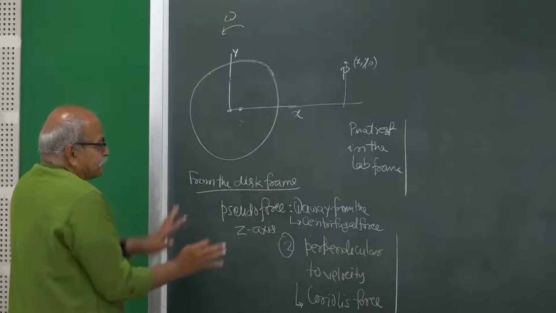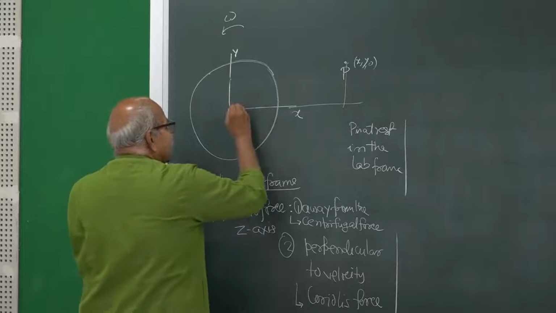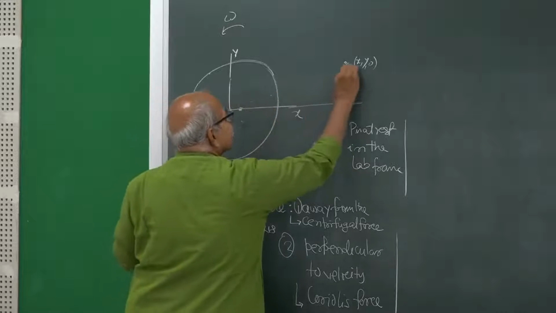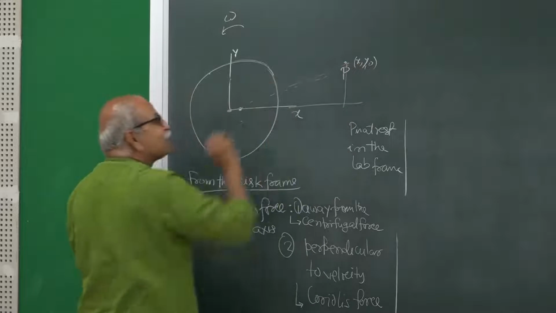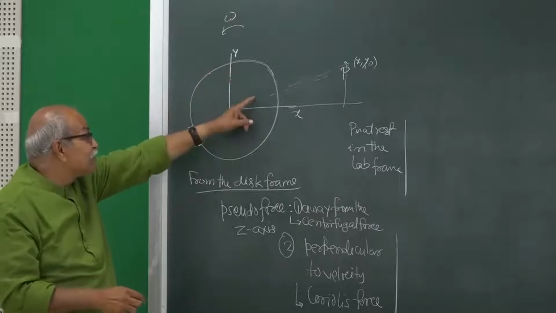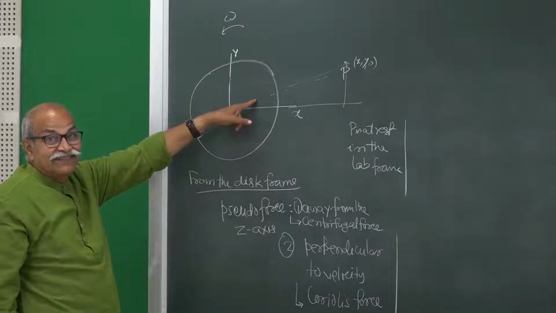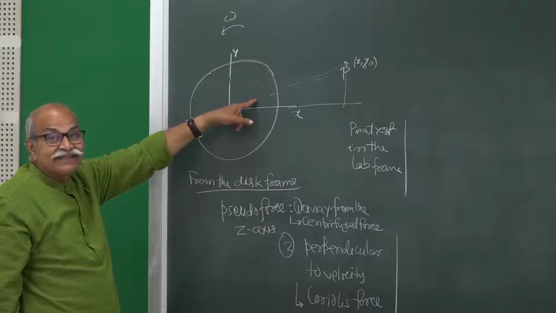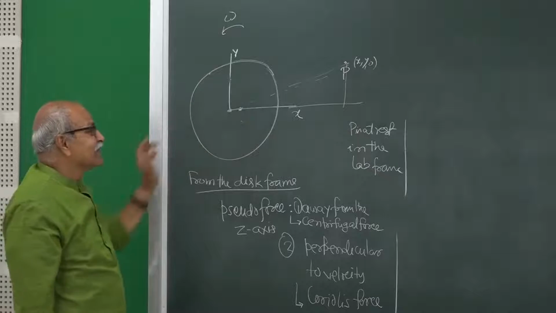Now, in the lab frame the disk rotates and the x axis becomes like this. So, the particle has come onto the x axis. The particle was not on the x axis to start with, and now it is on the x axis. So, the particle is not at rest, the particle is moving.